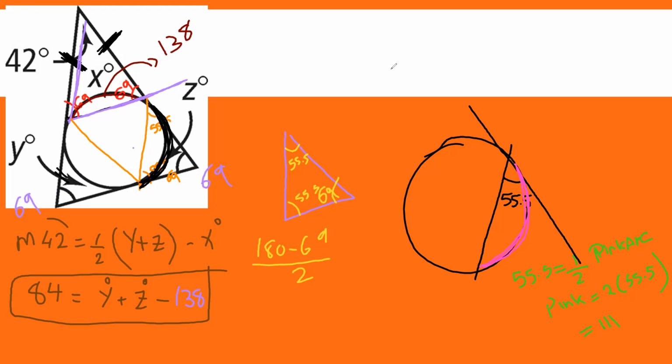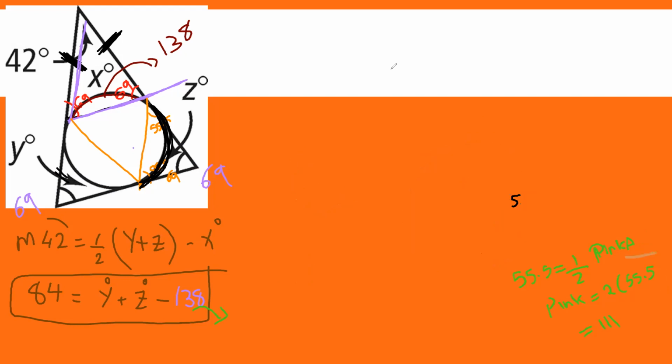Oh, okay. Then now since y is 111, let's come back to our equation here. 84 is y plus 111 minus 138.